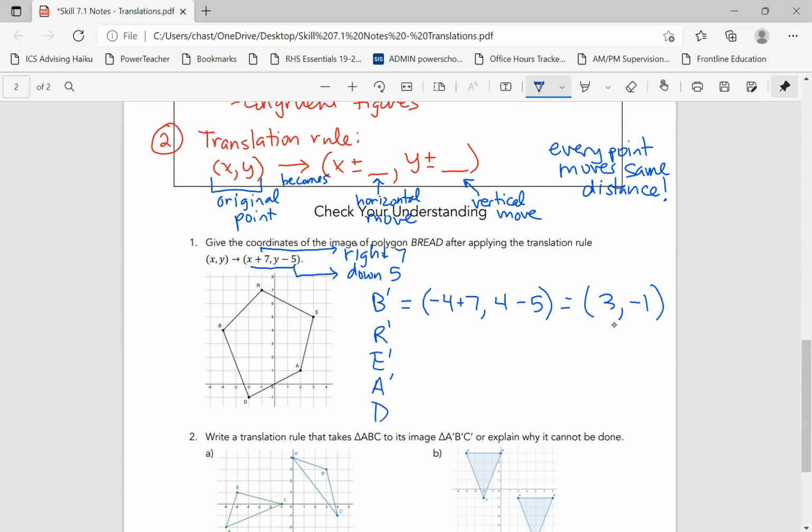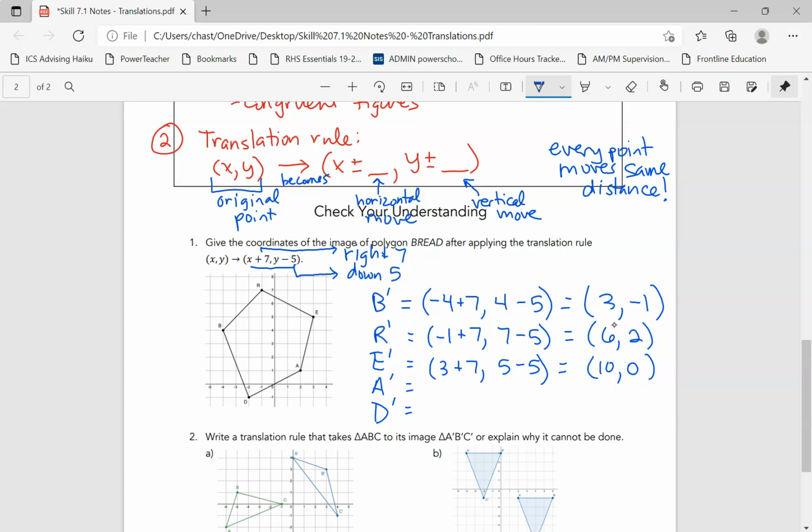Go ahead and write these down. Point R is originally at -1, 7, so we're going to have -1 plus 7 and 7 minus 5, which gives us the coordinates 6, 2. For E, originally E was at 3, 5, so we're going to take 3 plus 7 and then 5 minus 5. So I'm just taking the x and the y coordinate from the E point, and I'm applying the rule to it, so we're going to get 10, 0.